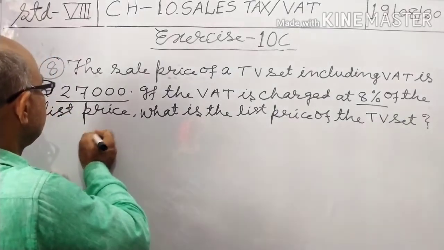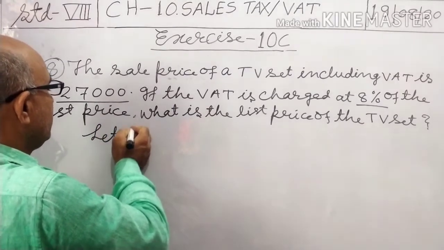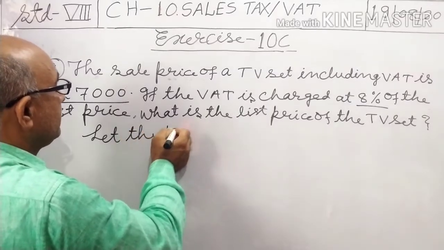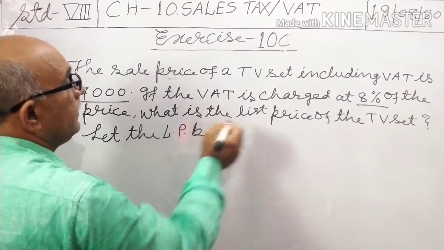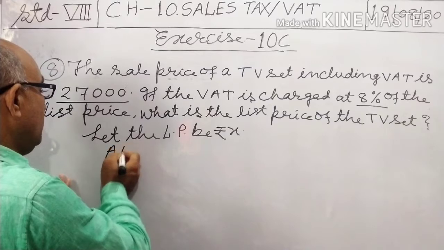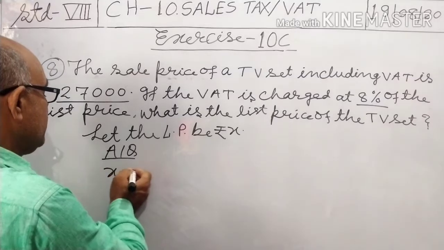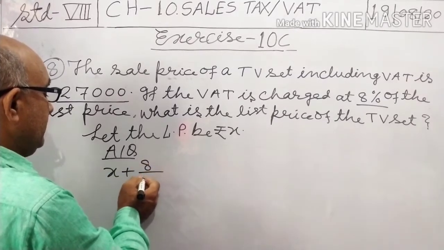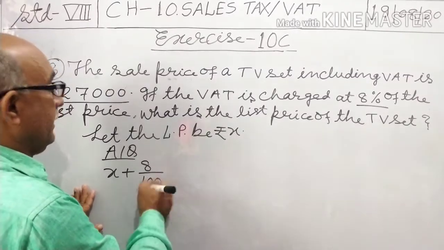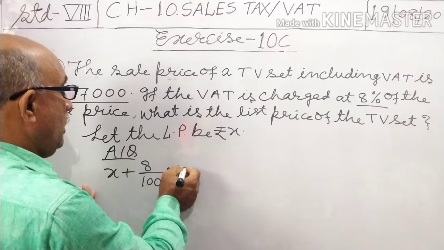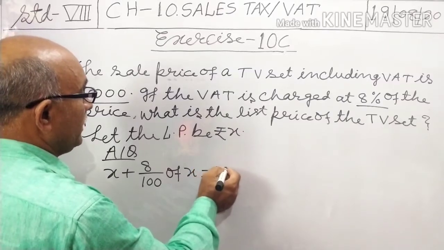So let the list price, LP, be rupees X. According to the question, X plus 8 by 100 of X equals rupees 27,000.